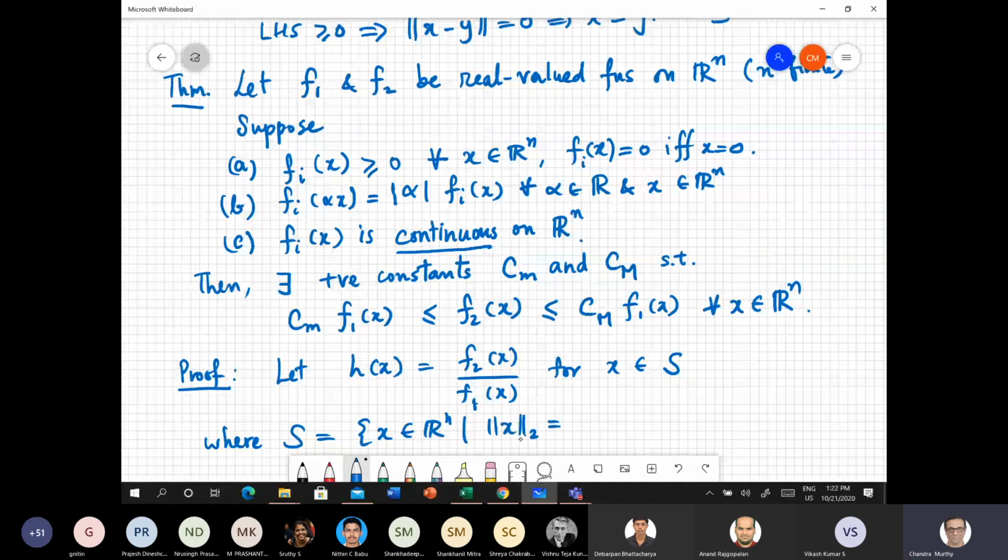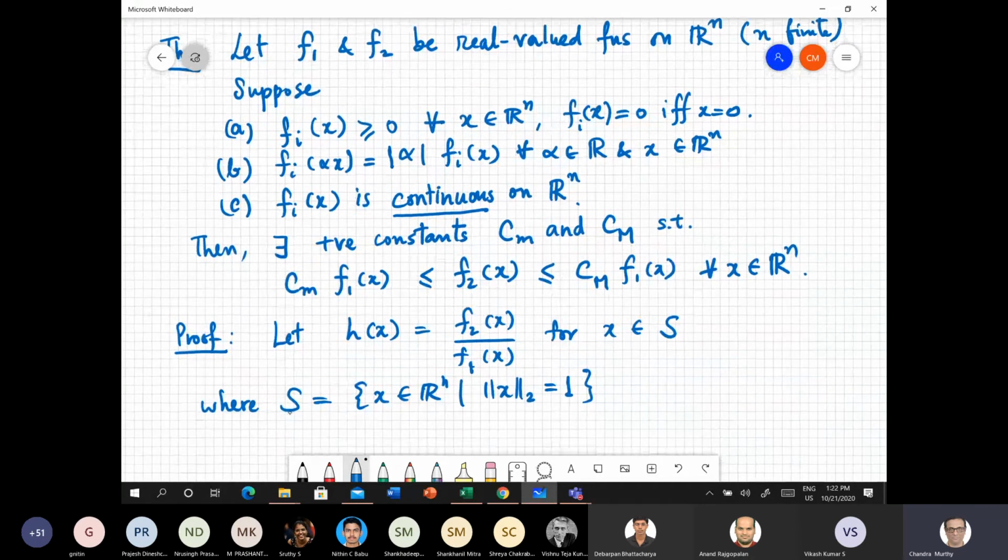So I'm using the Euclidean norm here, but you can actually use any other norm, it doesn't matter. The only thing you need is that the set S must be a compact set, and it does not include the zero vector. Again, this is another notion from real analysis that is beyond the scope of this course, but for your reference you can note that this is a compact set.